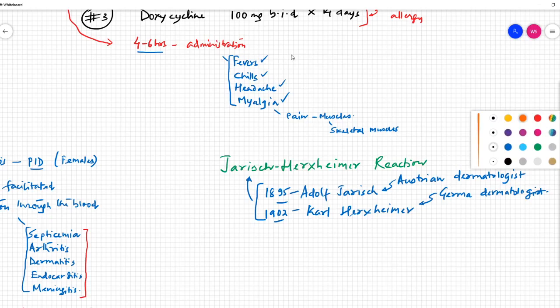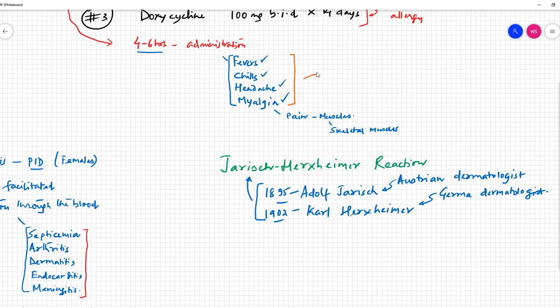So what we understand here is fever, chills, headache, and myalgia. How can we manage it? We can give antipyretics for the symptoms. Paracetamol can be given. If the patient has this, it can be managed with NSAIDs.